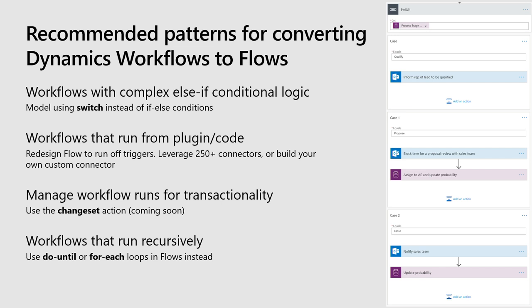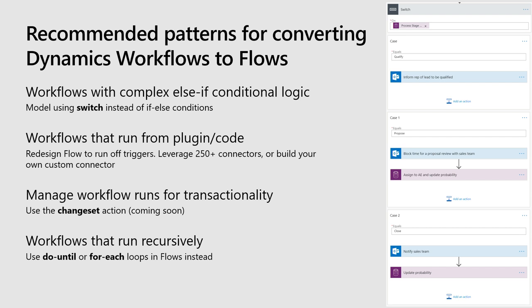If my process stage is qualify, else if process stage is develop, and so on. With flows and switch statements, you can simply say switch on the process stage field, and if it's qualify, inform the sales rep that it needs to be qualified. If it's in propose, block time for the team to go ahead and review this proposal and assign it to the AE, or the account executive, to update the probability, and so on.